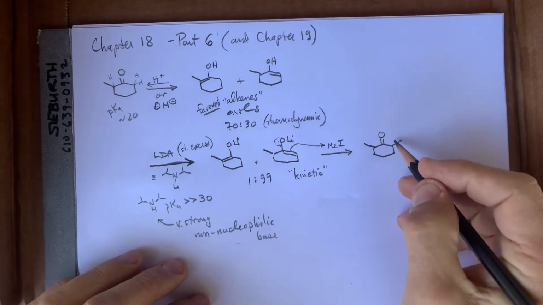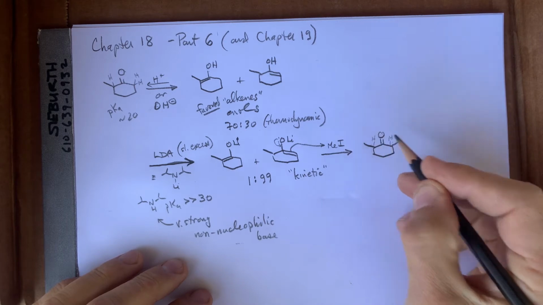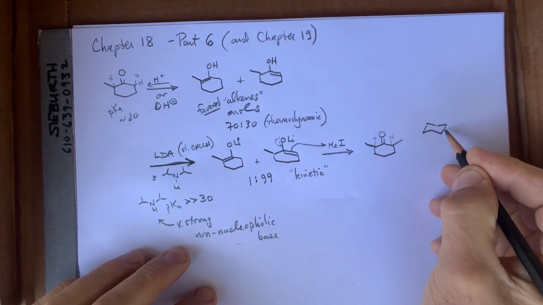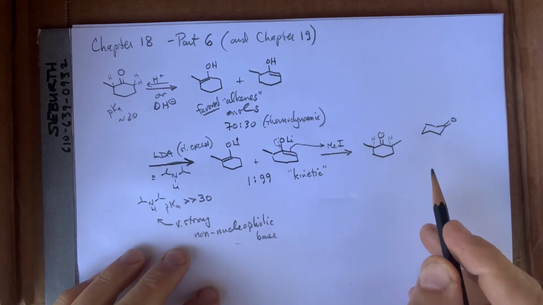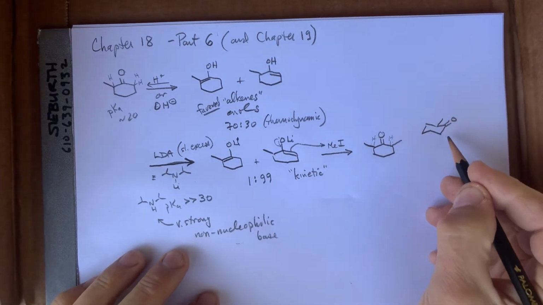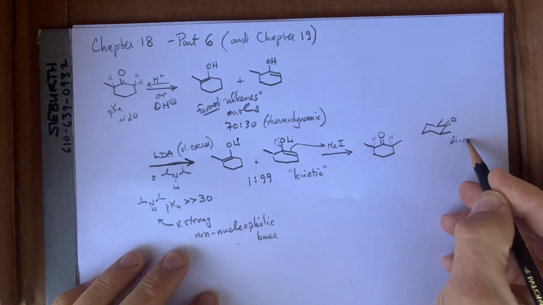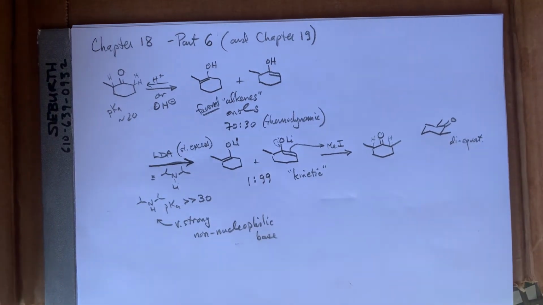They are going to be equilibratable because this has acidic protons here. And if you think about that, yes, you can put a cyclohexanone in a chair, and you can put both of those methyl groups in equatorial dispositions.